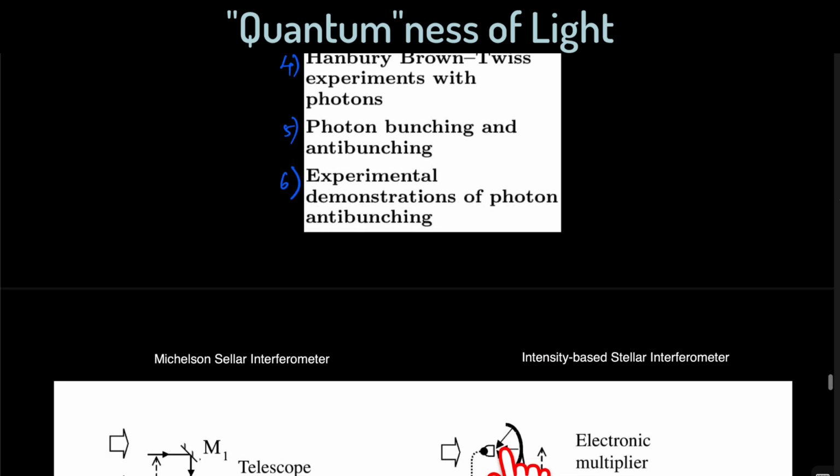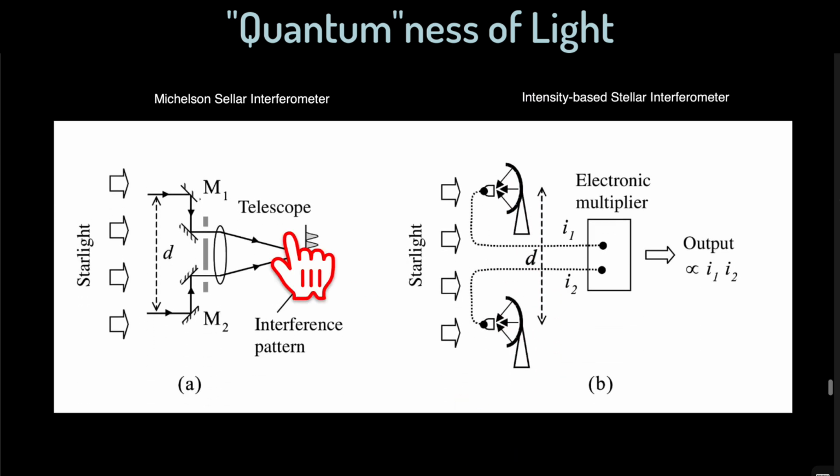So let's get started with the comparison between the famous Michelson stellar interferometer and the intensity-based stellar interferometer. In the Michelson stellar interferometer, you would utilize two mirrors, and then look at the interference between the light coming from these two mirrors.